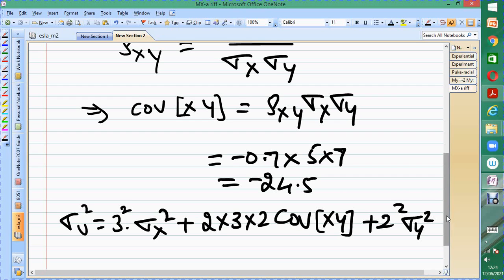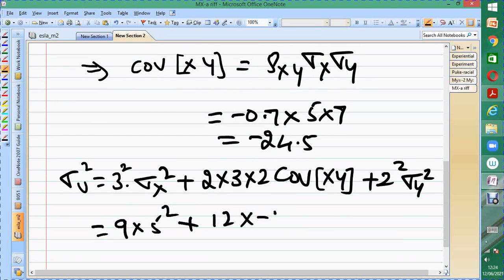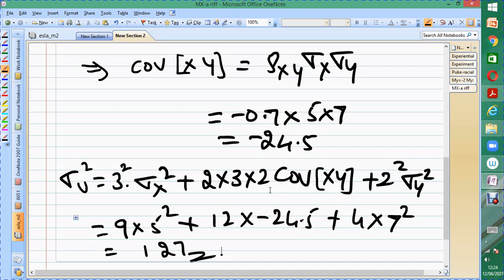Now substitute the sigma x and sigma y and covariance values also. So 9 into 5 square plus 12 into covariance, which is minus 24.5, plus 4 into 7 square. Simplifying this gives the answer as 127. So this is the value of the variance of the variable u.